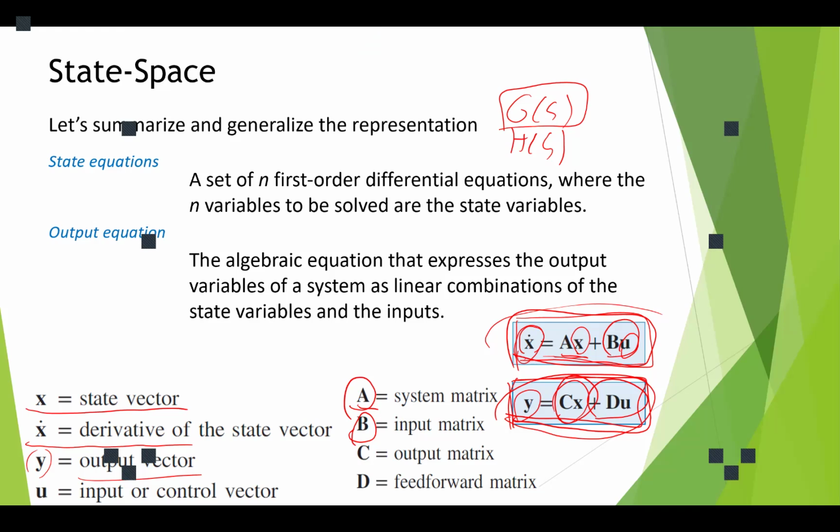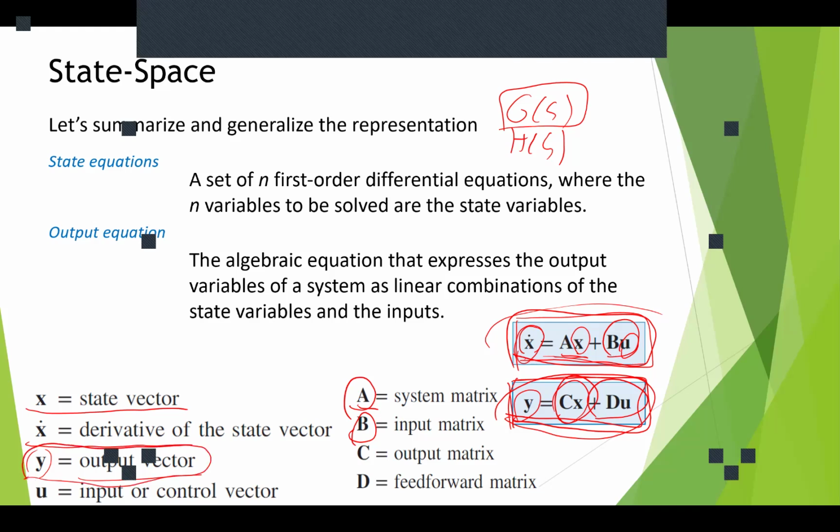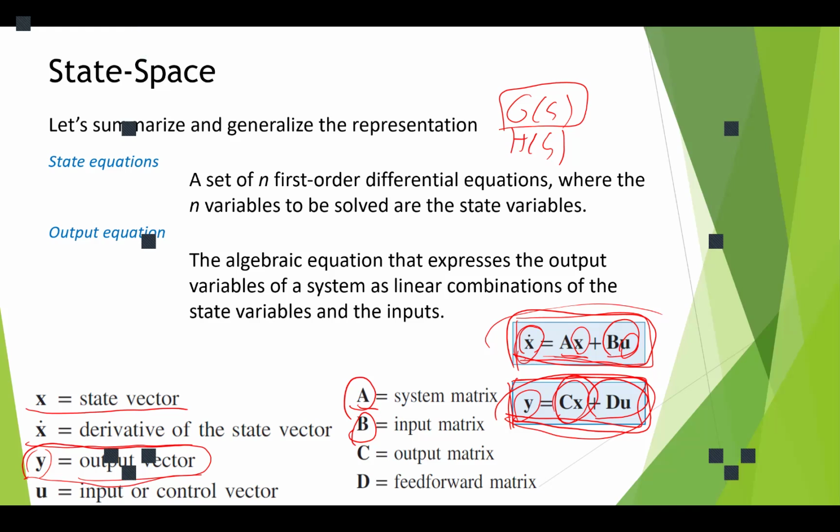Whatever parameters in your system that you focus on as the output of your analysis, this is going to be your y. Now, that output is going to be the result of interaction of whatever state variables that you defined, plus the effect of the inputs.